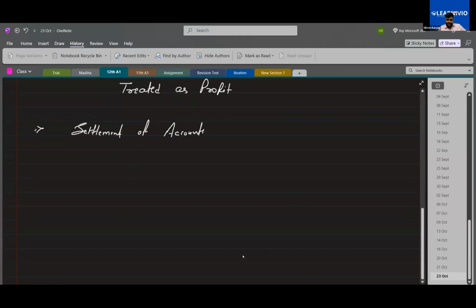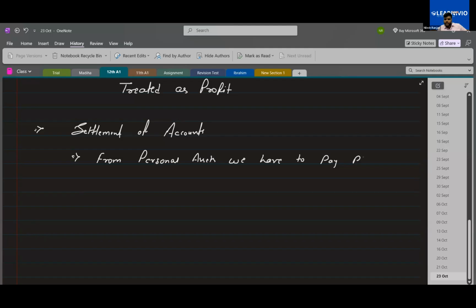Okay, so the first thing is, from personal assets, we have to pay personal liabilities, then we can use it for payment of the firm's liability.